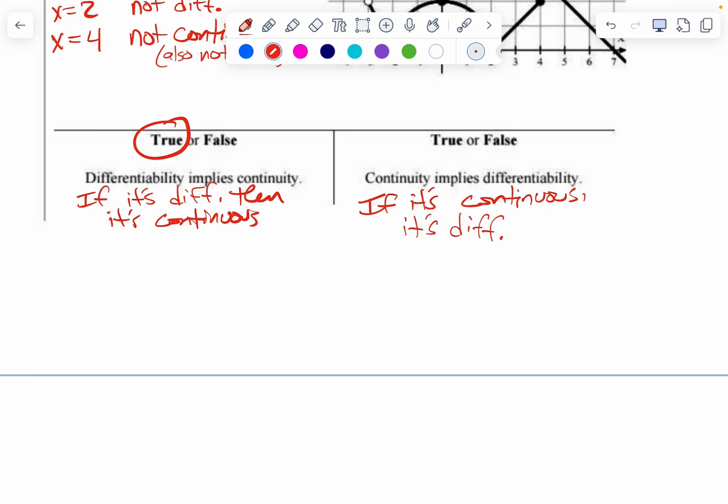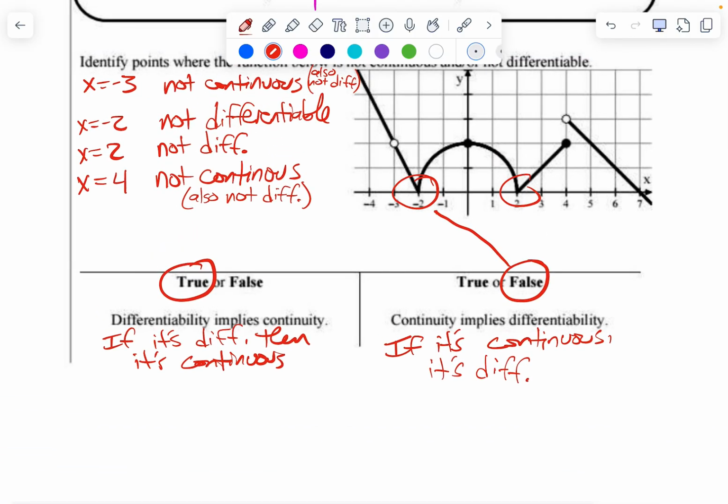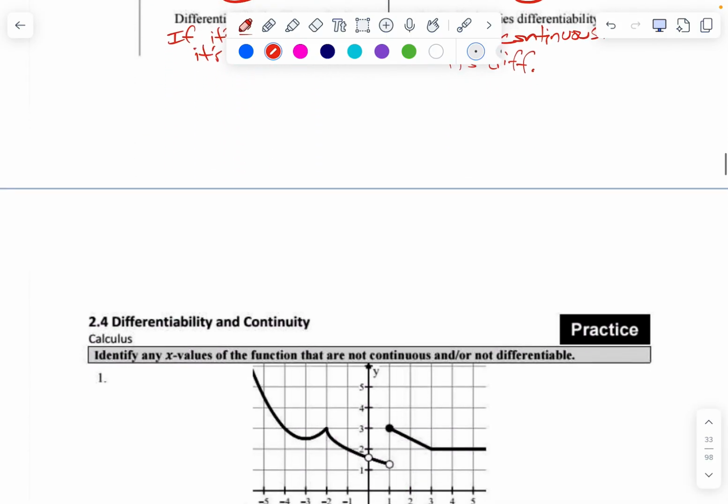That's the converse of the original statement. Is that true? Okay, we saw those two cusps right here and here. False, right? The function was continuous but not differentiable, so this is false. Okay. You don't have this stuff, so just look at the screen. Feel free to write it down.